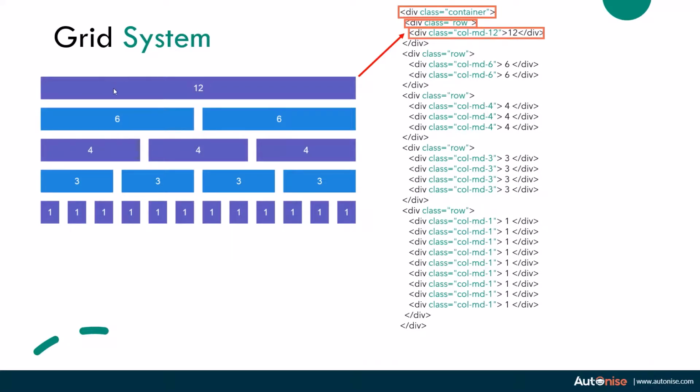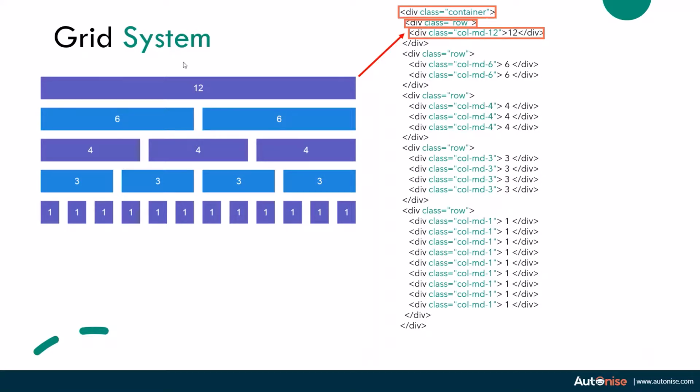Hence, all the width of the website will be taken up using this div, and we will have the entire screen for this column. Do not concern yourself with what MD means over here. We'll learn about what MD means in the next slide.